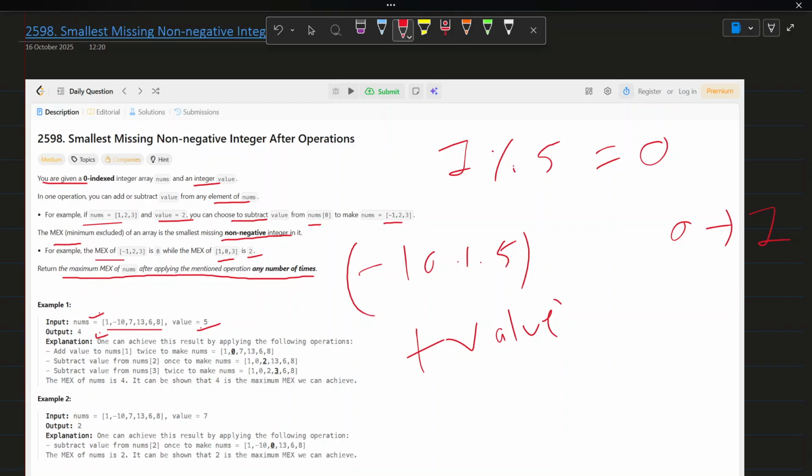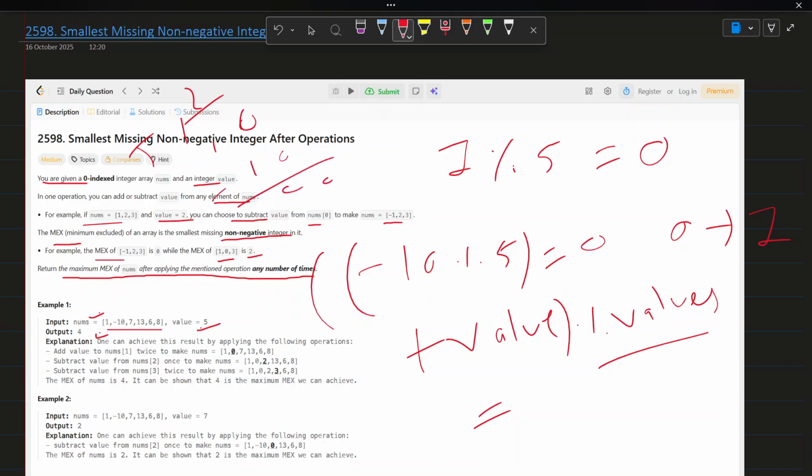Then after that we again calculate the modulus with the help of value. So minus 10 modulo 5 gives 0, since 10 divided by 5 leaves no remainder. So that means 0.